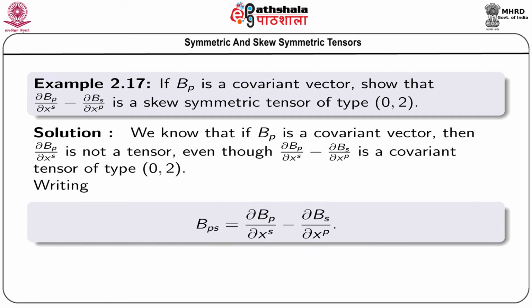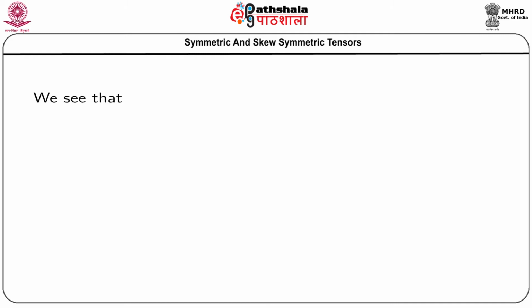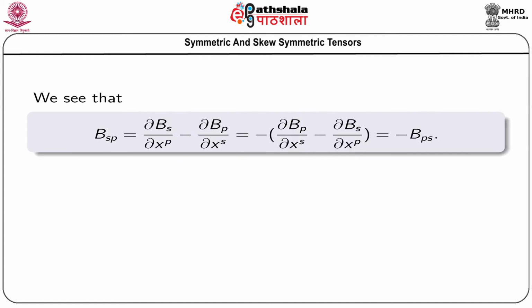Now, writing this expression del B_p / del x_s minus del B_s / del x_p as B_ps, we see that B_sp equals del B_s / del x_p minus del B_p / del x_s, which is a minus of (del B_p / del x_s minus del B_s / del x_p), that is equal to minus B_ps. Thus, B_ps is skew symmetric in p and s.